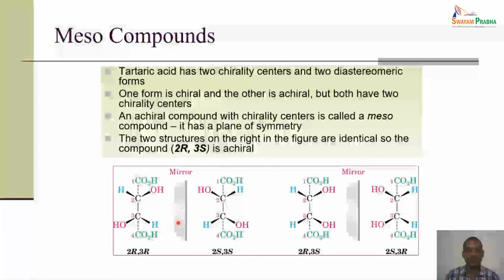So these two are basically enantiomers, but this mirror image has a mirror plane in between, because this part of the molecule, that is the 1,2 carbon and the 3,4 carbon, are basically internal mirror images of the same molecule. So that is the reason this compound is an identical compound and is optically inactive.